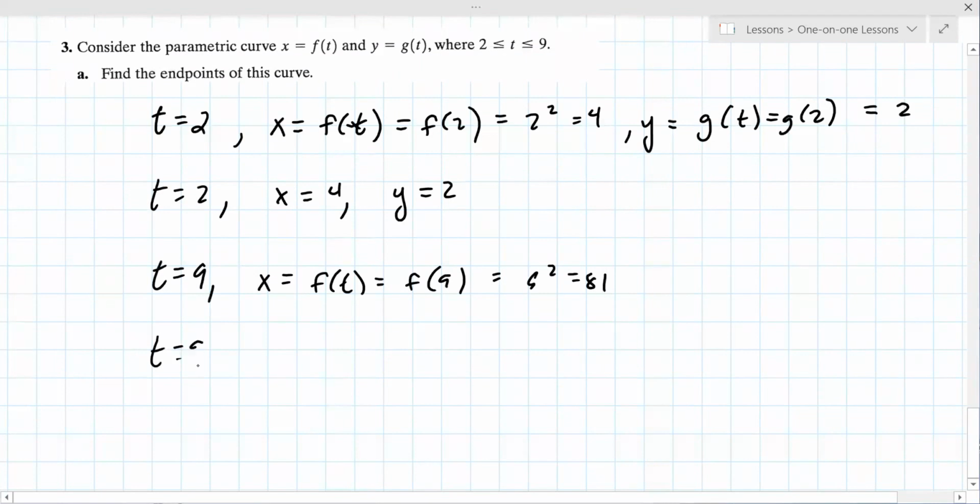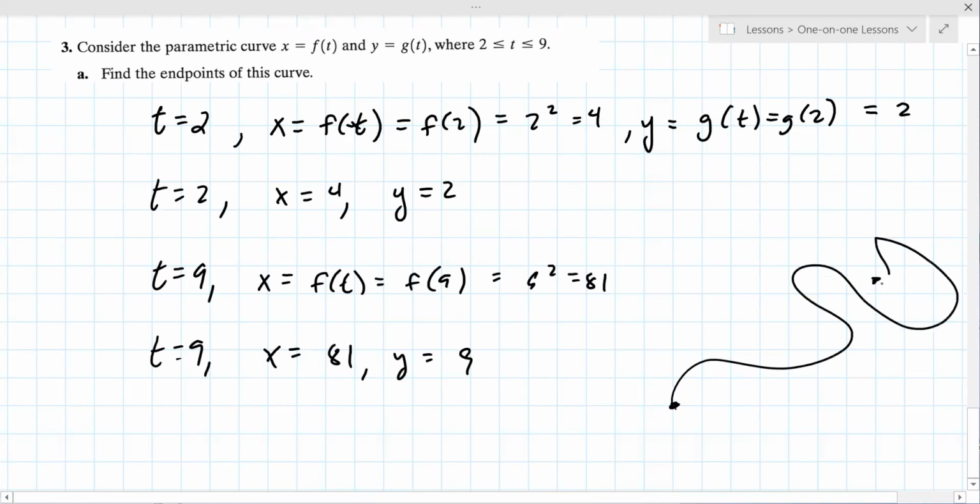And then y is just 9. Now here's all we know. All we know is that it starts there and ends there. We don't know what it does. We have no idea. Because we also made an assumption that this is t squared and this is t, we don't know what it is. Is that okay for that?